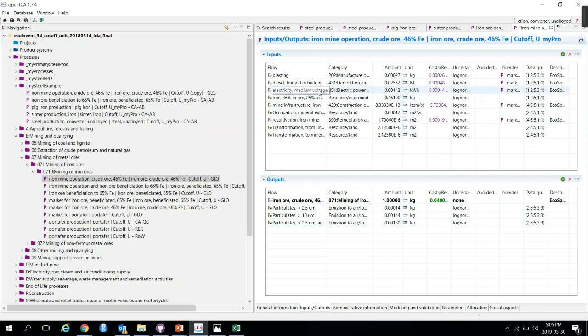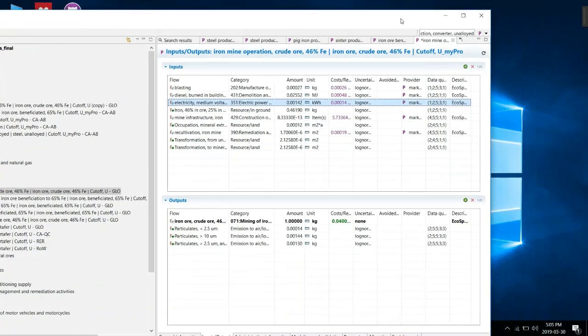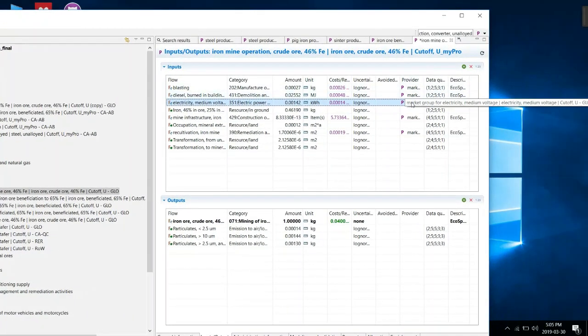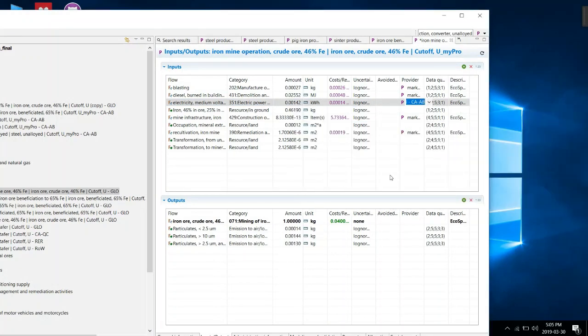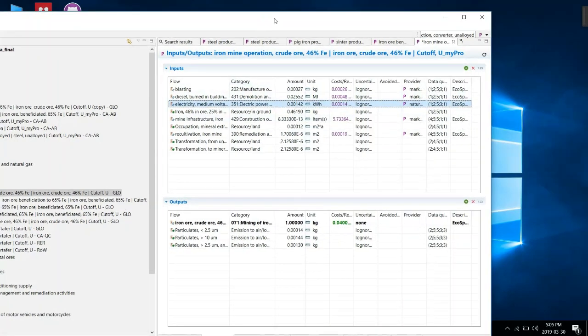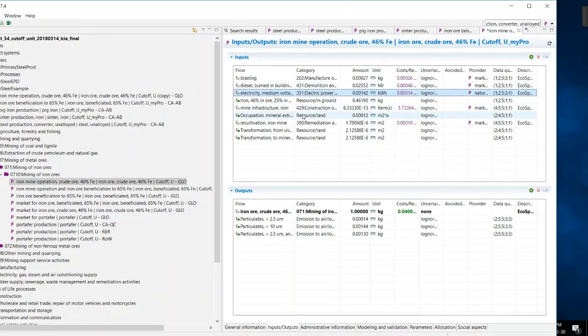What else can we look at? We have medium voltage electricity requirements, but the market's probably not going to be what we want because it's a global average process. So let's change it to Alberta. Maybe there's an on-site generator, diesel, or something else of that sort. But for now, let's just assume market electricity, unless we get better data or it's in fact the truth. Blasting requirements, diesel burned in building machine.